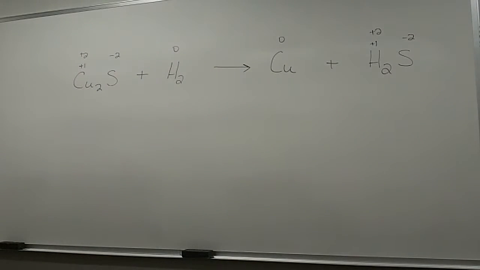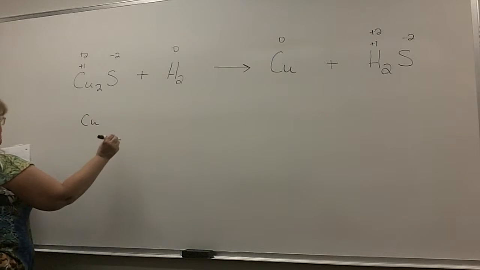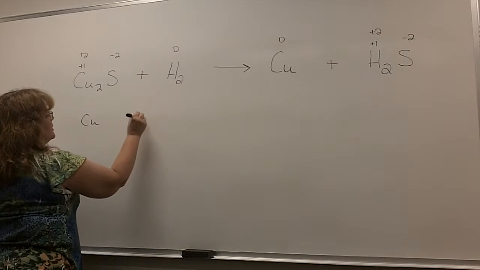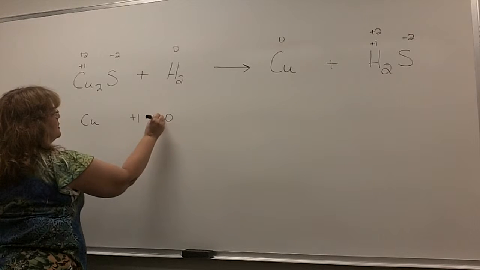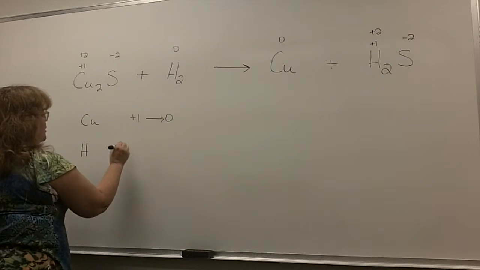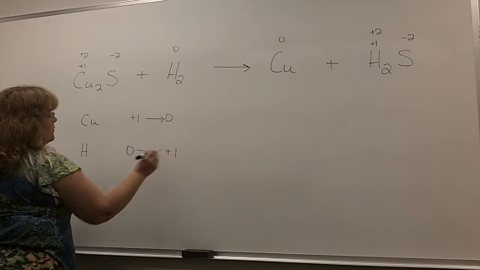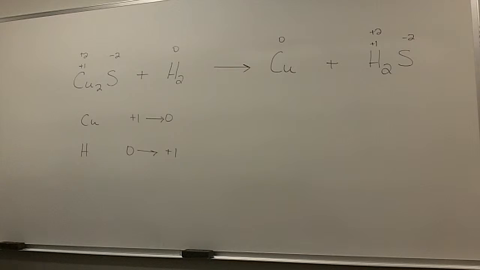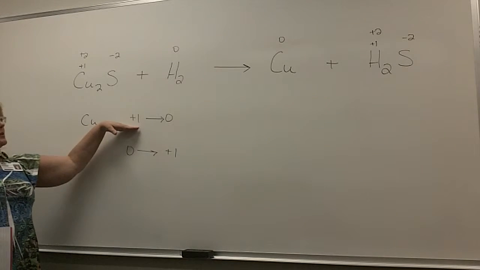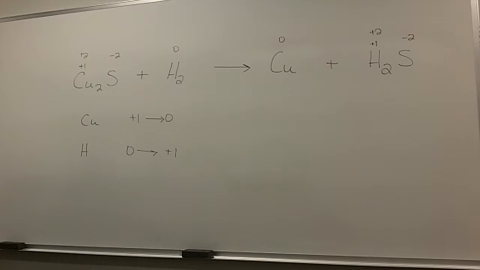So then, if we look at it, we've got copper going from a +1 down to a 0, and we've got hydrogen going from 0 to a +1. In order for copper to go from a +1 to a 0, what's it actually done?